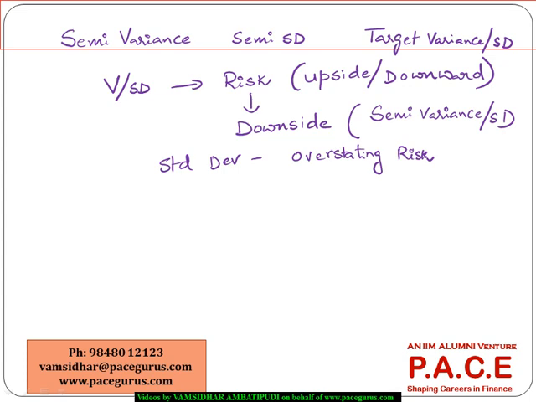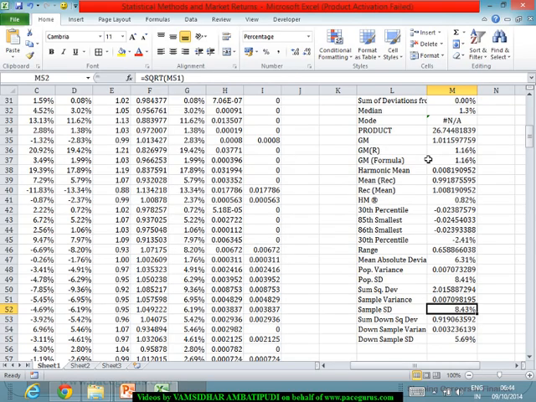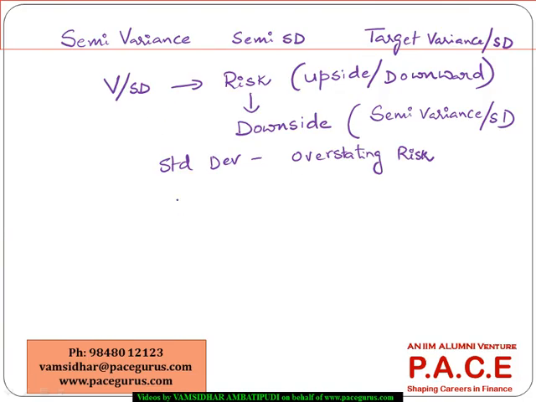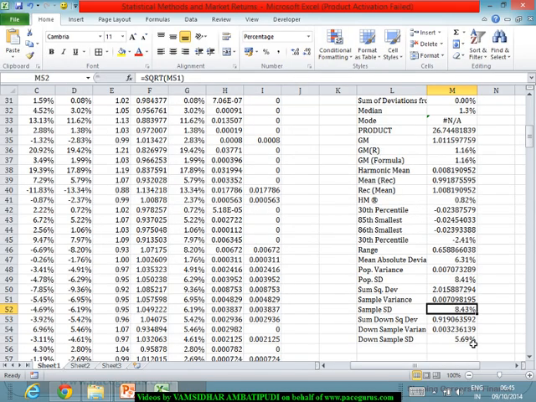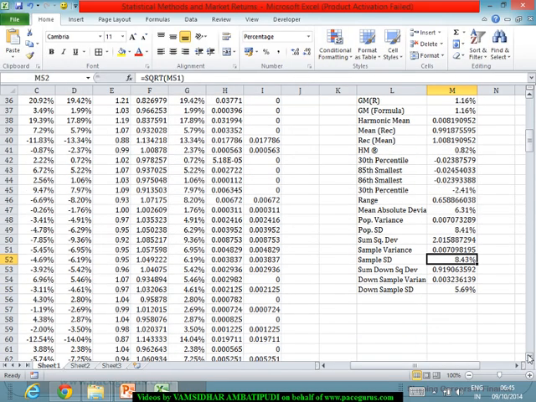The same way, instead of using the semi-variance or semi-standard deviation, which are again measures with respect to mean, probably I can look at the measures with respect to target. Instead of looking at the measures with respect to mean, I may define some target.